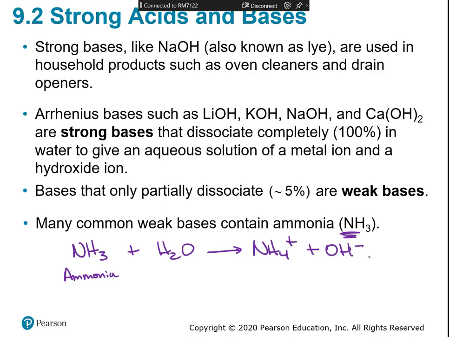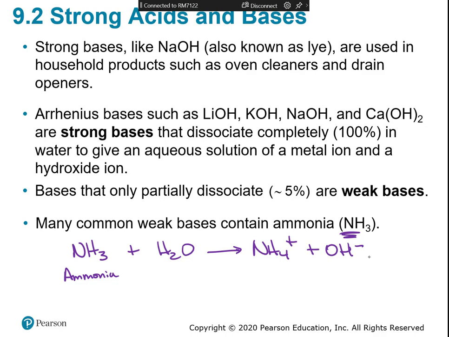So NH3 is a base. Remember that the bases take on hydrogen ions. So notice NH3 went to NH4 plus. The hydroxide ion is produced, characteristic of the base.